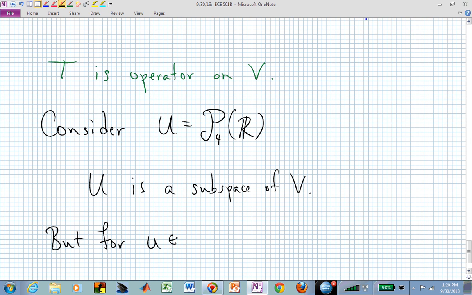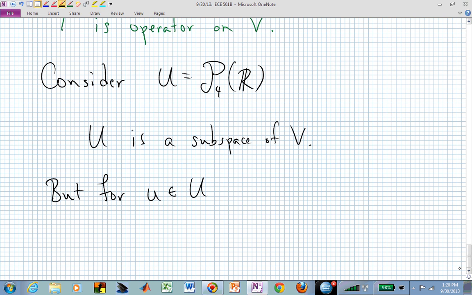Now, if we begin with a vector, a polynomial that belongs to this space of fourth order polynomials, and we now differentiate that polynomial, we're not going to leave that space, are we?